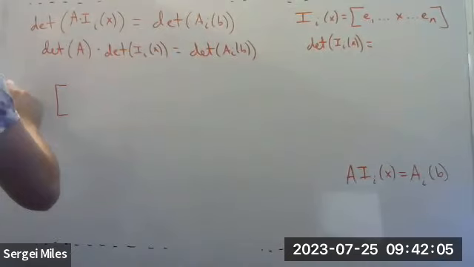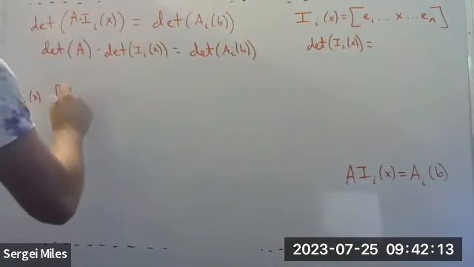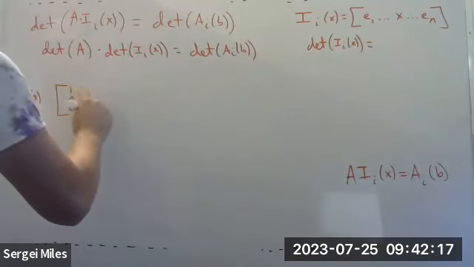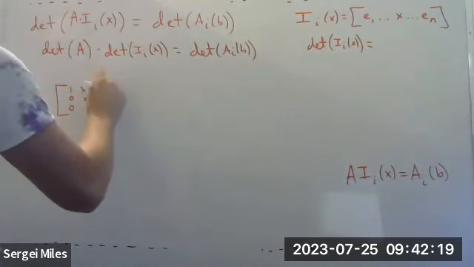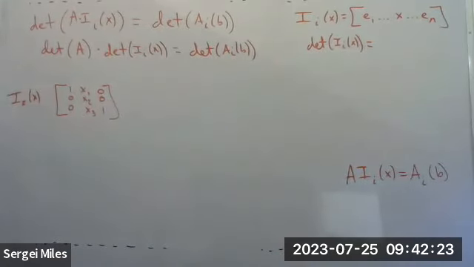Let's just think about a 3 by 3. I'm going to put x in the second column. So we have something like this, right? I've replaced the second column of the identity matrix with the x vector, with the x column, right?